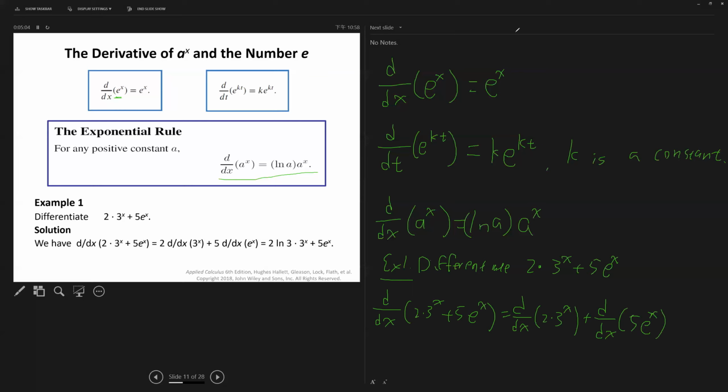As we saw from last part, the constant can be brought out to the front. So we can rewrite this as 2 times d/dx of 3 to the power of x plus 5 times d/dx of e to the x. And then we know what these two are. That's just 2 times ln 3 times 3 to the x plus 5 times the derivative of e to the x, which is just e to the x. And that's it.